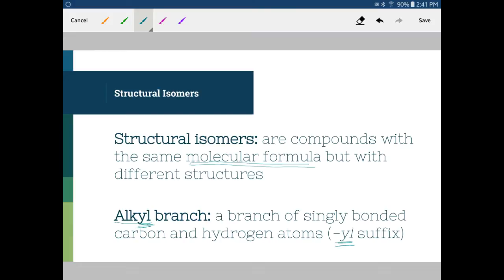Now some of this, again, it may not make sense until we see some examples, but we'll get to that in 1 second here. So definitely write down structural isomer as a definition. You will need to be very familiar with this for your diploma exam. They will, without doubt, have a question on structural isomers on that diploma.